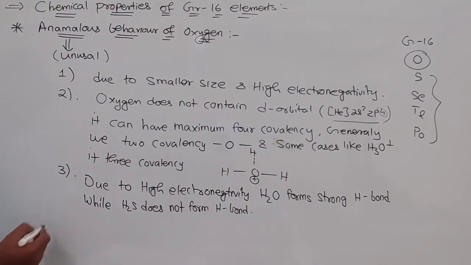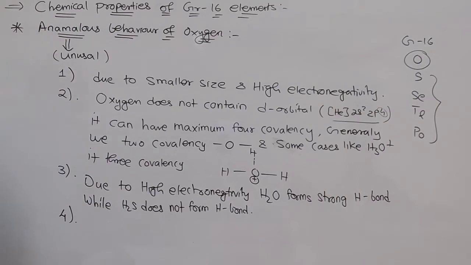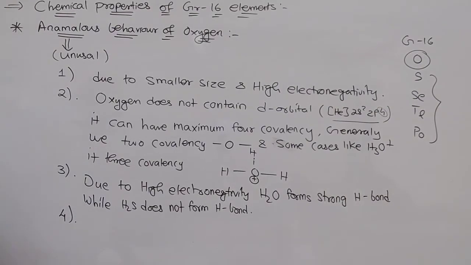Then the fourth property; you can write down all these anomalous behaviors. It can be asked for 2 marks, I think.